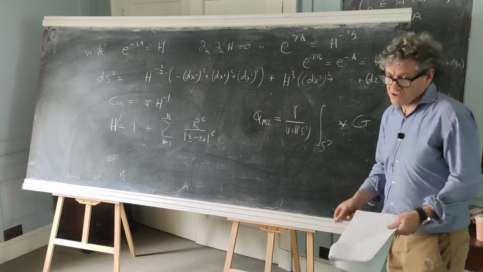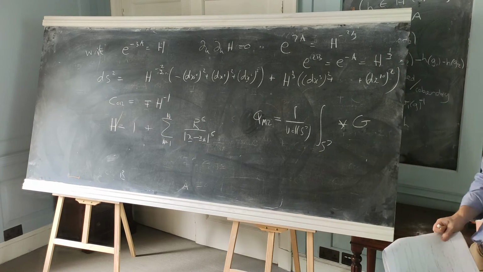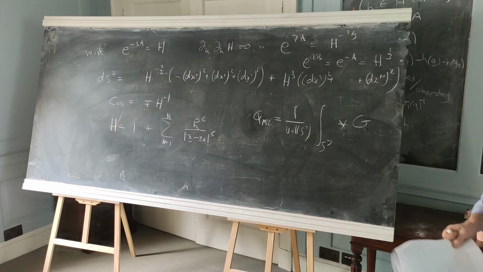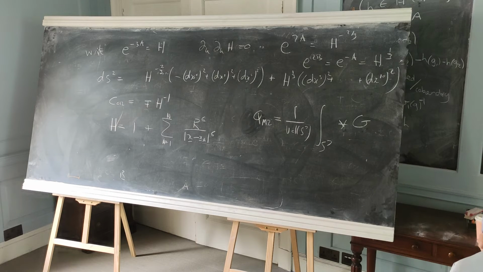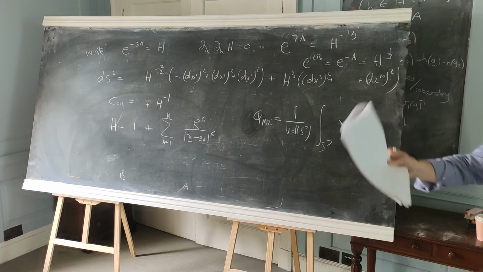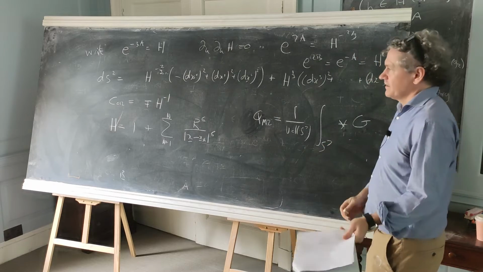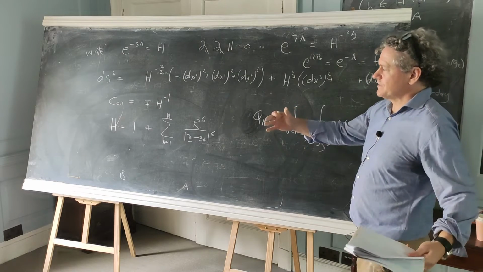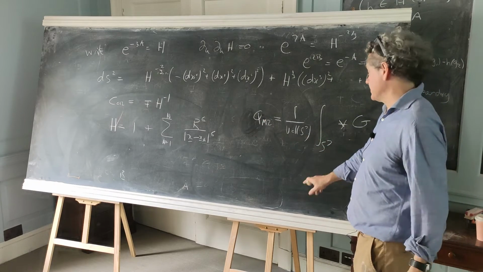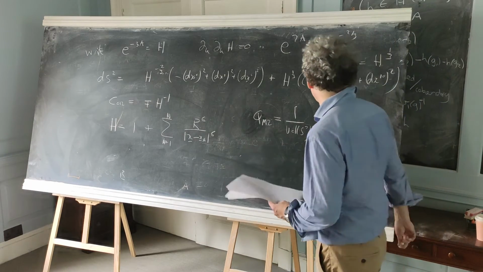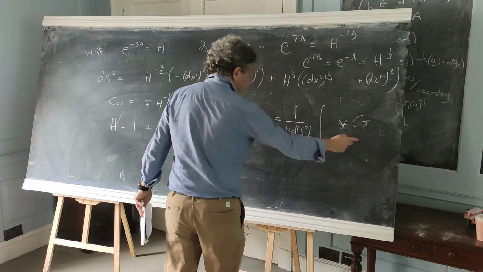And this is the analog of what you have in Maxwell theory, right? That you integrate star f, which is a fancy way of saying you integrate f0r at infinity. This is analogous to that. In 4 dimensions, the sphere at infinity, spatial infinity, is a 2-sphere, and so you can integrate f0r of that, which is actually star of f.